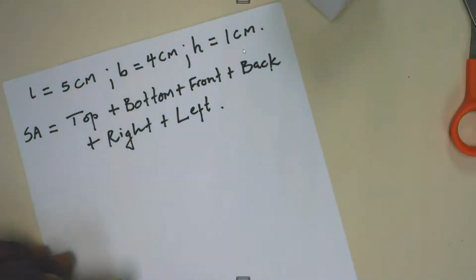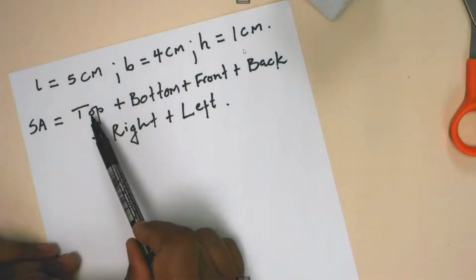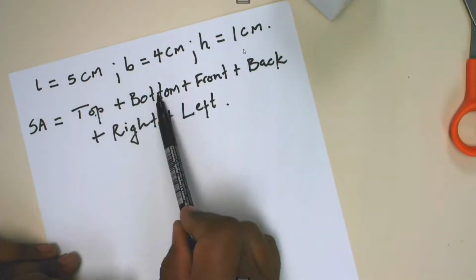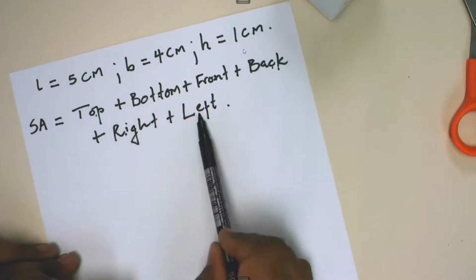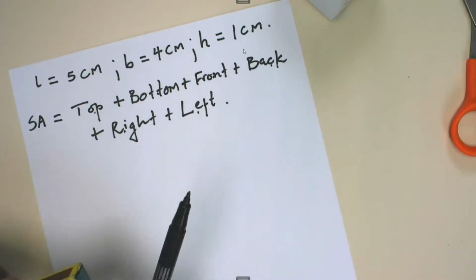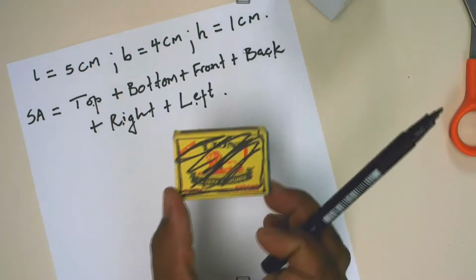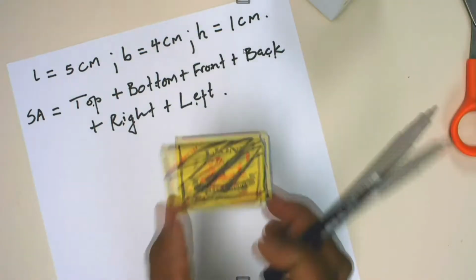Now let us count how many sides we have here. 1, 2, 3, 4, 5, 6. Good, because a rectangular prism has got 6 faces.